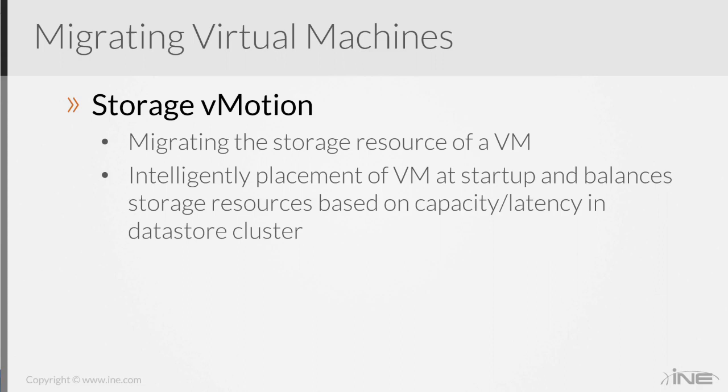Say we are now implementing a shared storage system. We recently deployed a SAN, and we were running our VMs on locally attached disk previously. We could use this Storage vMotion feature to migrate our virtual machines from our directly attached or locally attached storage to our shared storage.